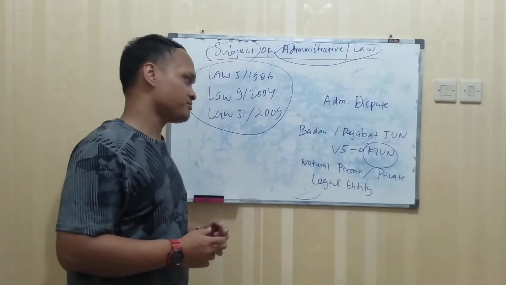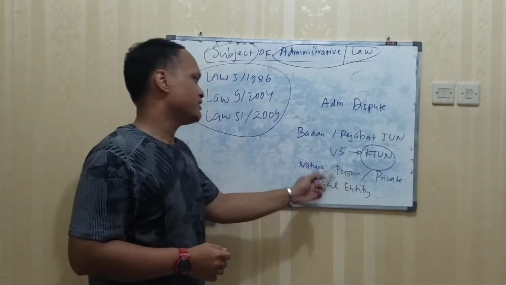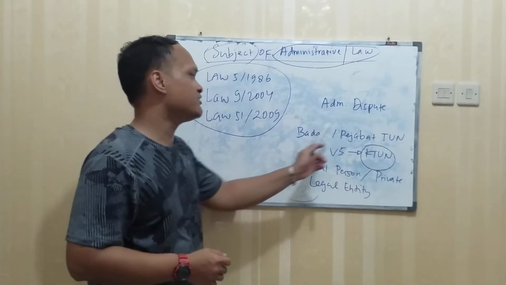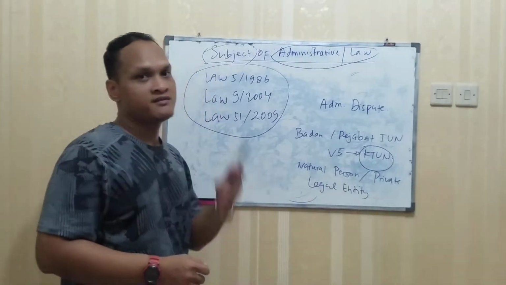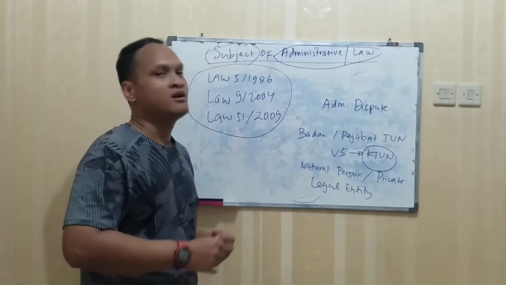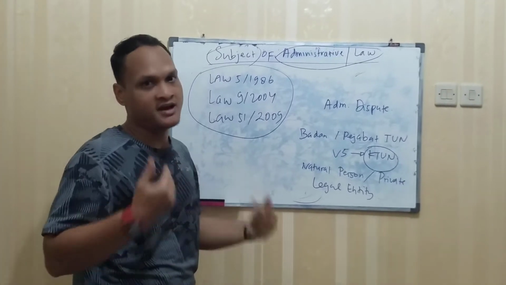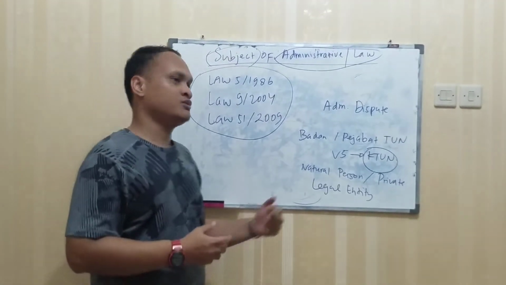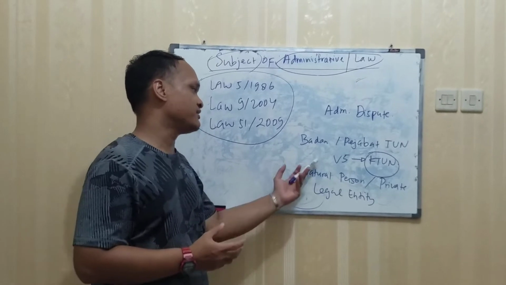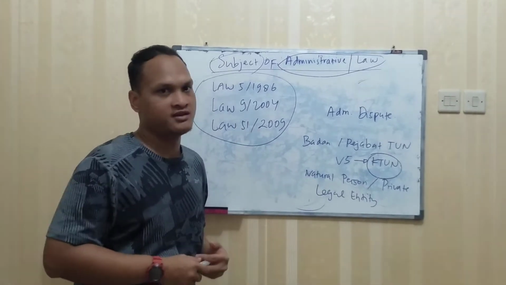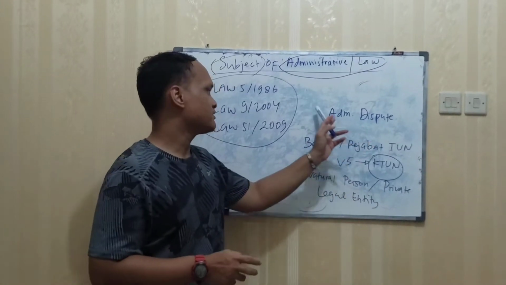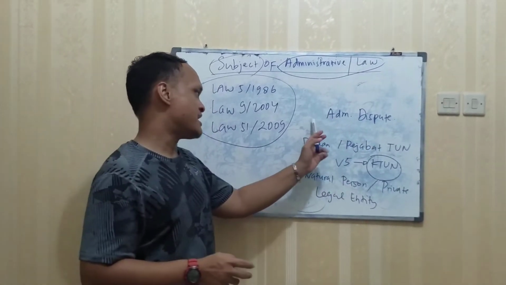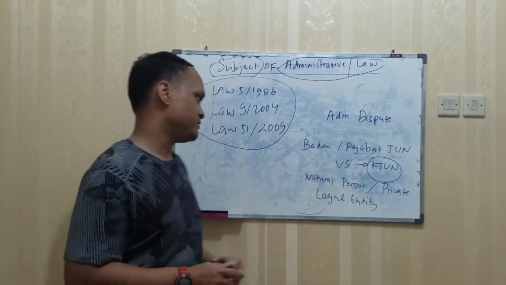So here, the decision of badan TUN brings me disadvantage as a natural person because now there are two certificates upon this house or my property. To cancel the existence of the second certificate, I have to bring this case to the administrative court. So it will be an administrative dispute.